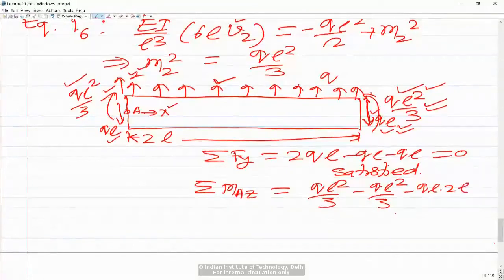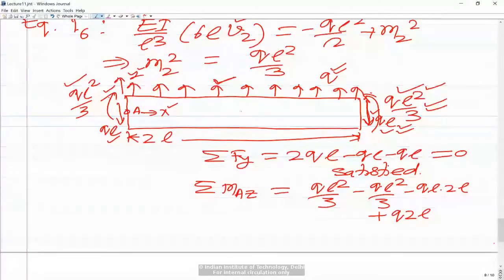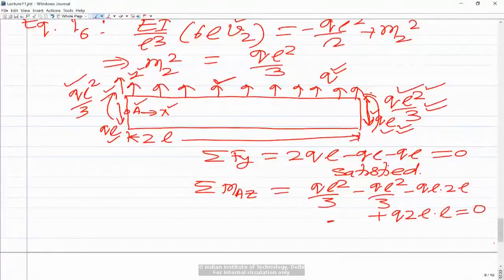And then you have the moment of the distributed force q, which would produce a moment about the positive z axis. The total load is q into 2l, because force per length into 2l. Because it is a uniformly distributed load, its resultant will be acting at the center, at a distance l from A, so into l. And you see again this is also equal to 0, so this equation is also satisfied.